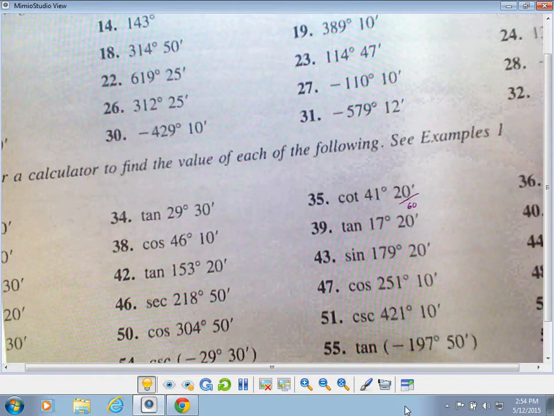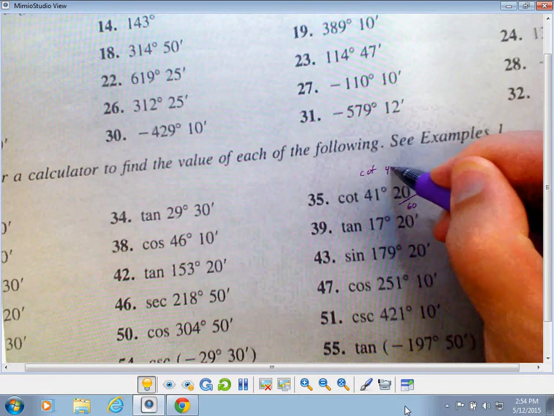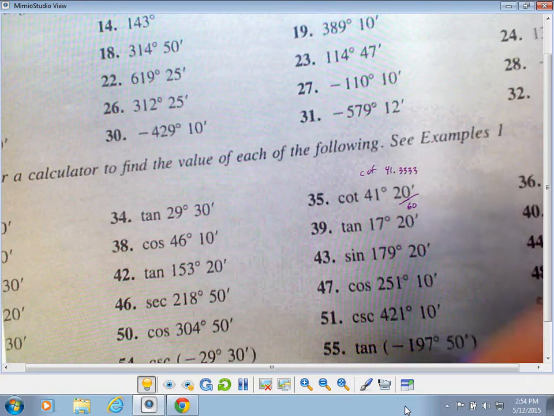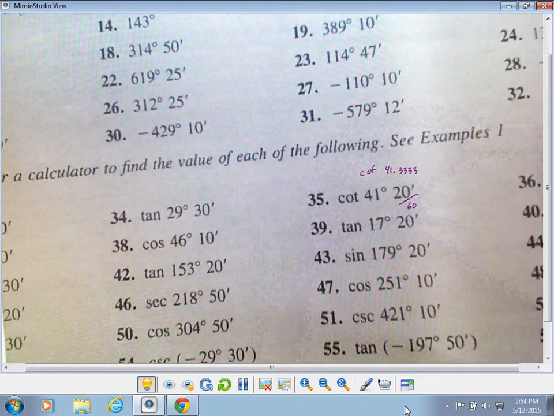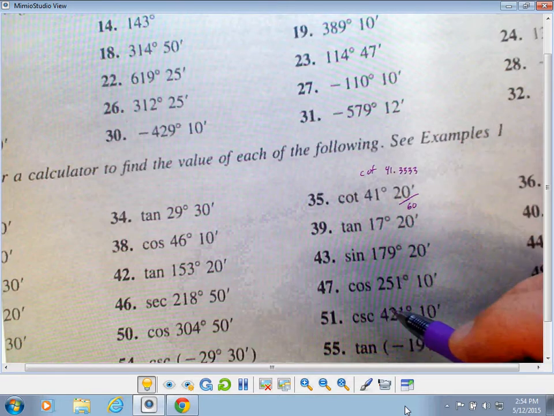And if you happen to have seconds, divide the seconds by 3,600, add them all together. In this case, you'd be typing cotangent of 41.3333, so on, and get an answer for it. So if you have to, convert it. If you can just type it into your calculator as the degrees and minutes, do that instead. It's even faster. But that's up to you.